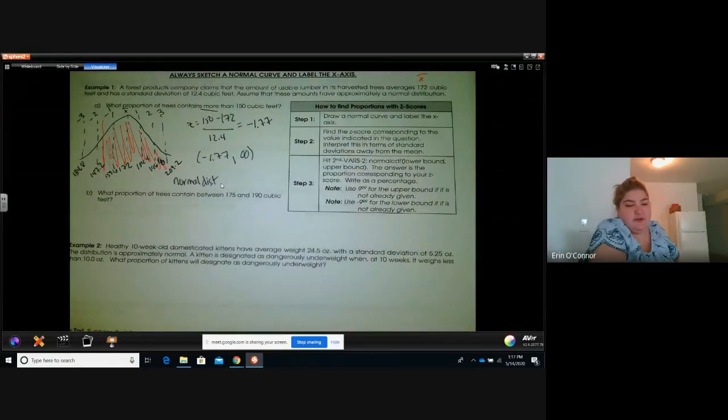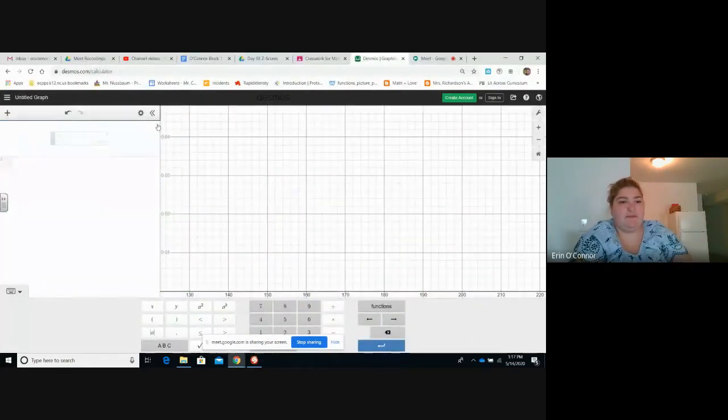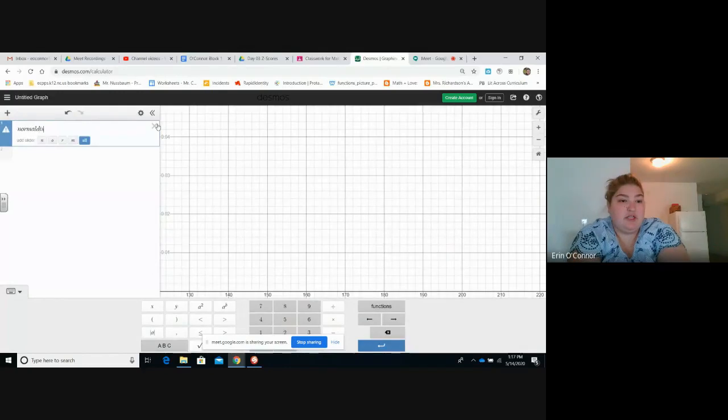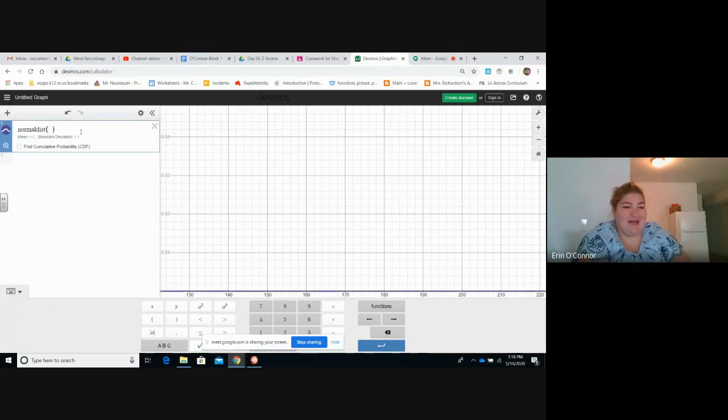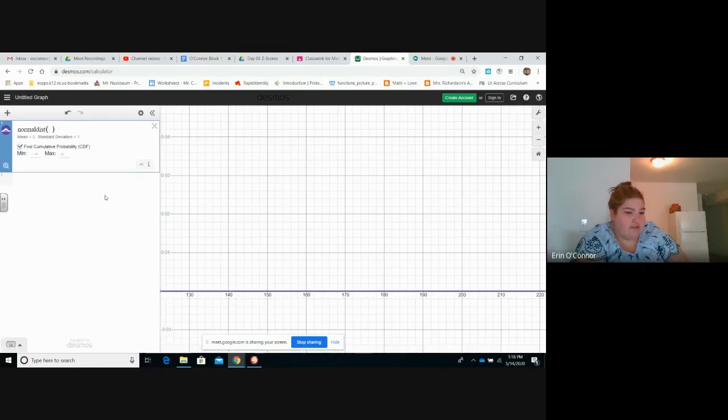So when we get to Desmos, we're going to type in normal dist. That's what it represents. Now, I'm not going to put any mean or standard deviation in there because it's just a normal distribution, but I want to find the cumulative probability. So I'm going to check that off.